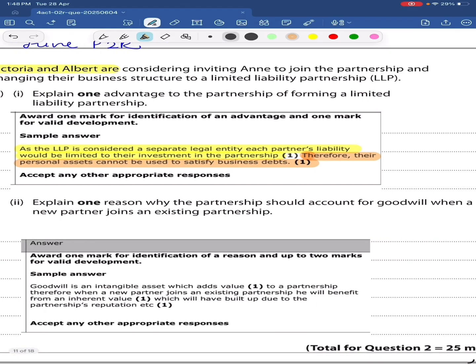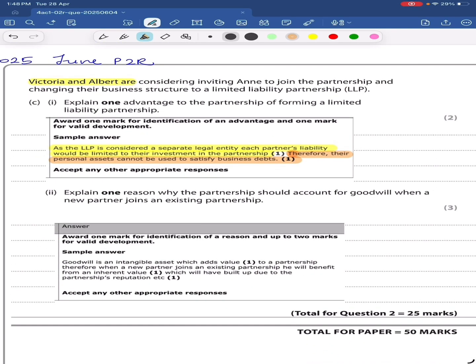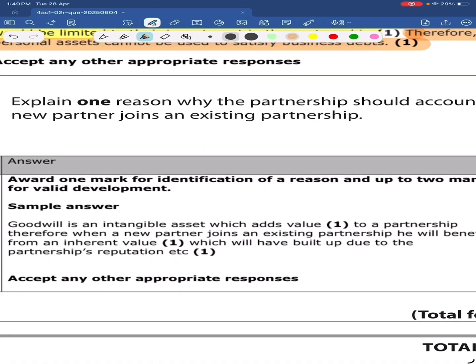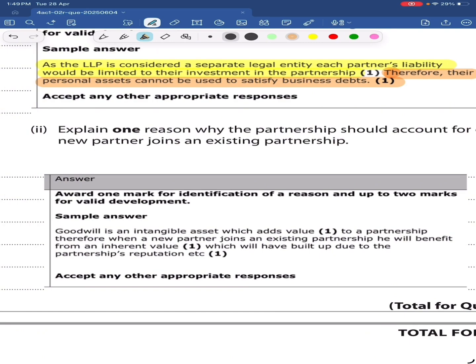Roman number 2. Explain one reason why the partnership should account for goodwill when a new partner joins an existing partnership. For 3 marks, so explain one reason, give 1 point and 2 developments. 3-mark question. So goodwill is an intangible asset which adds value to a partnership. 1 mark.